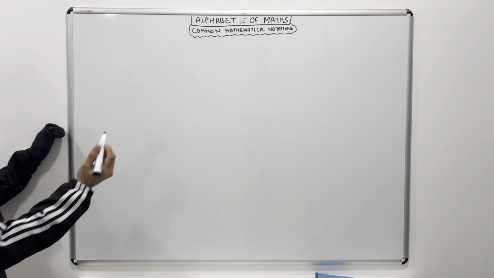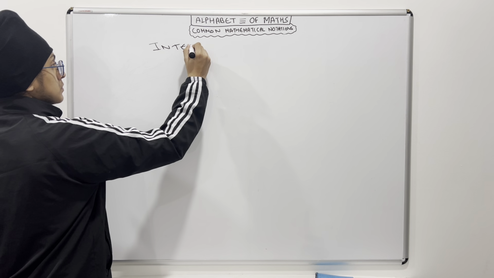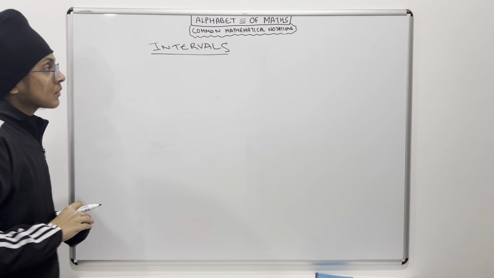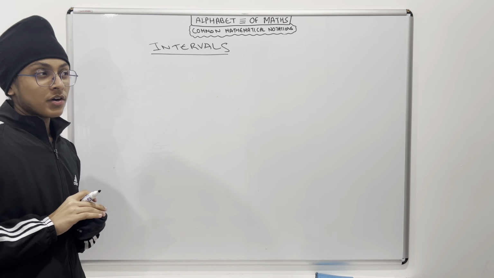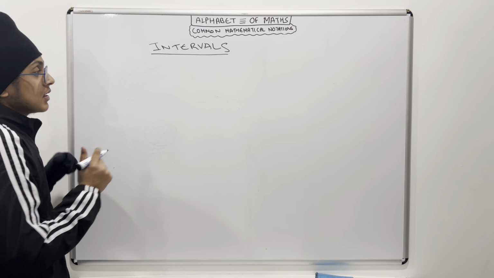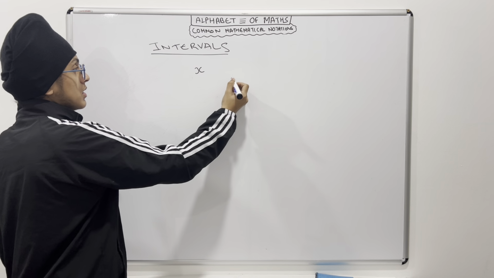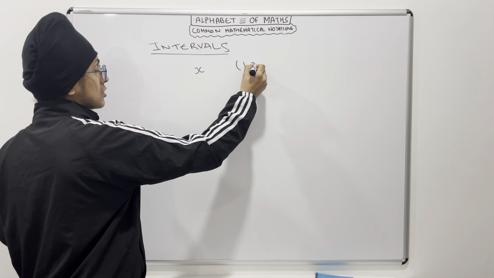Okay, next we move on to intervals. And what are intervals? Intervals are basically ways of saying that for whatever quantity, let's say x, is in between some range. So let's say x is between 1 and 2.